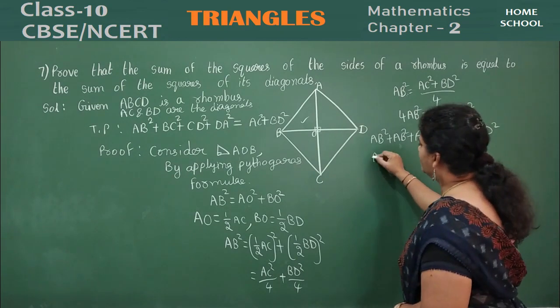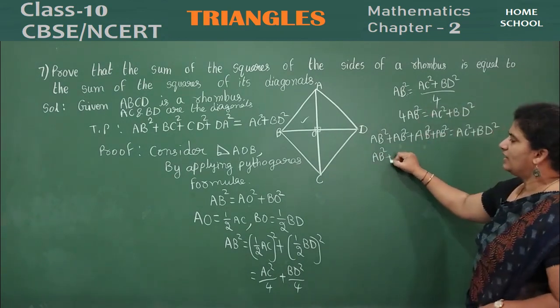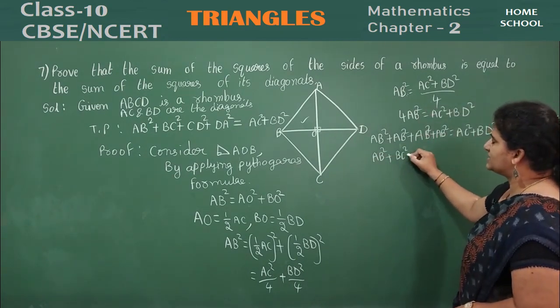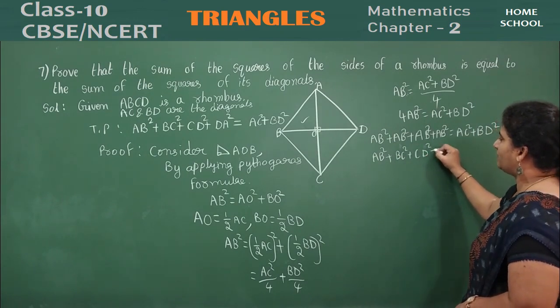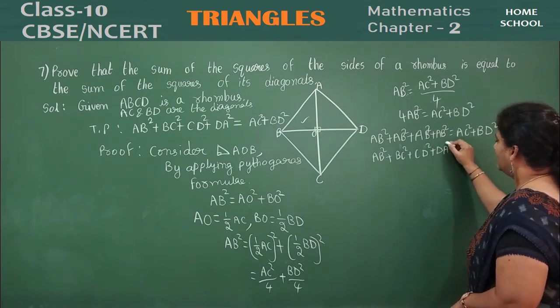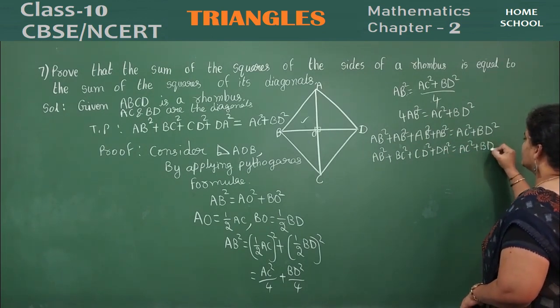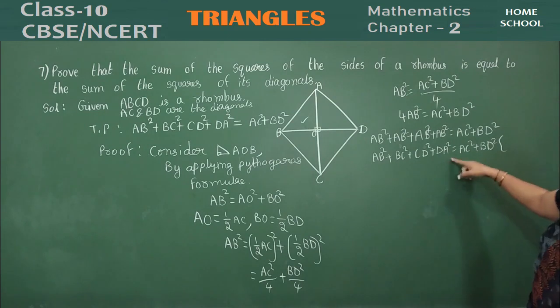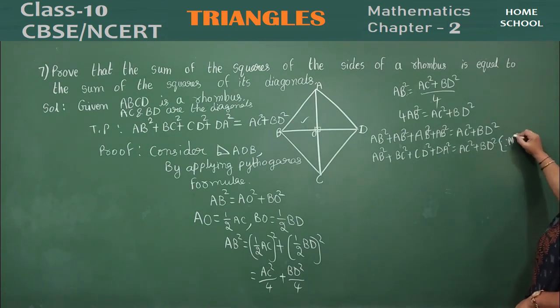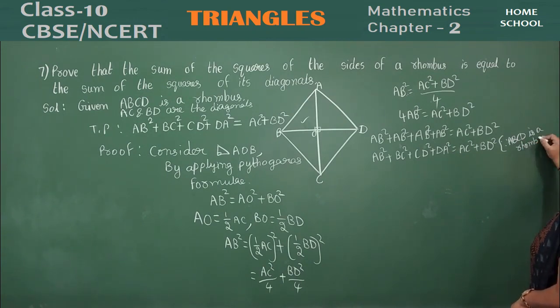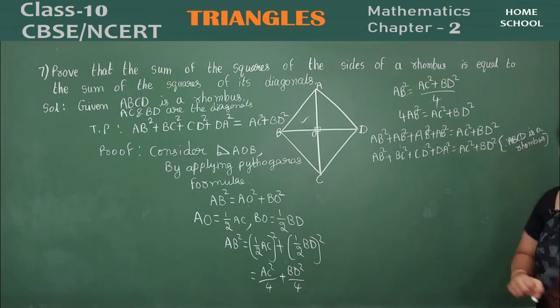Let's keep the first one as it is. AB square plus BC square plus CD square plus DA square is equal to AC square plus BD square. How did I change this? Since ABCD is a rhombus, all sides are equal.